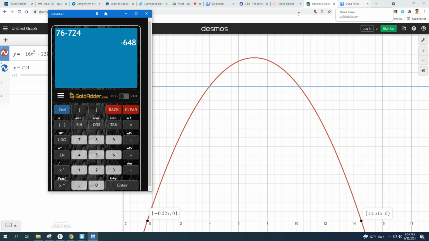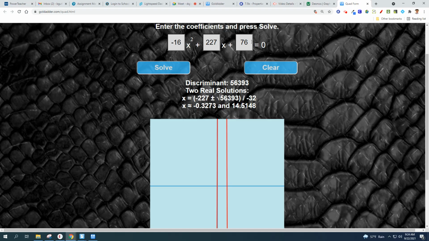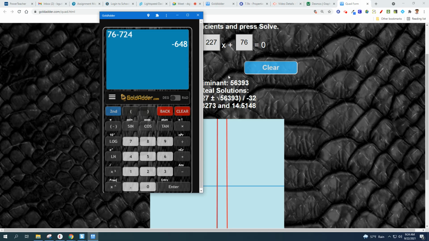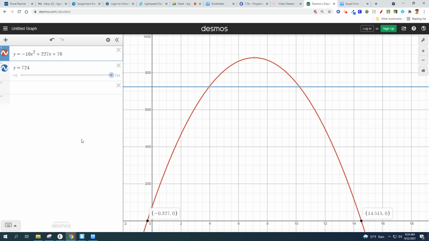If you set this equal to 724 and subtracted it over because you want 0, we could just change this to 648. And we should get the same answer. Okay, 3.96 and 10.22. Yeah, there we go. Those are our two numbers. So it's the same thing. We don't really need Desmos, but man, Desmos makes it a lot easier.